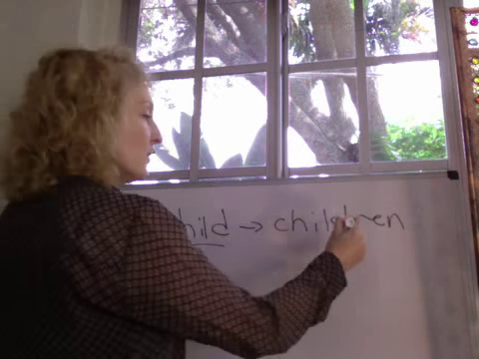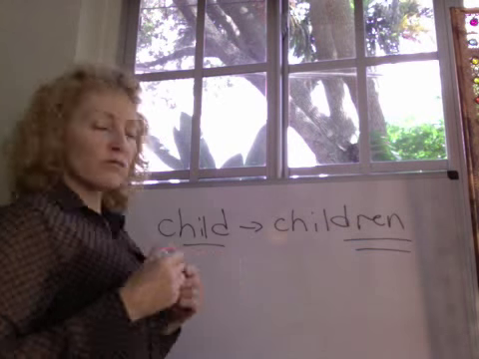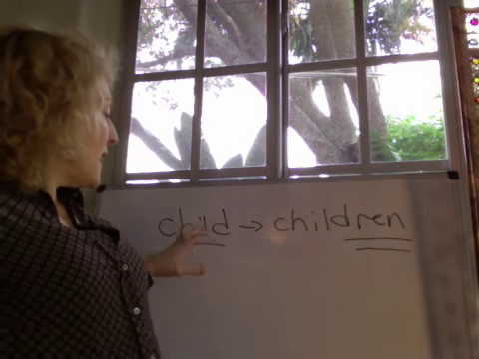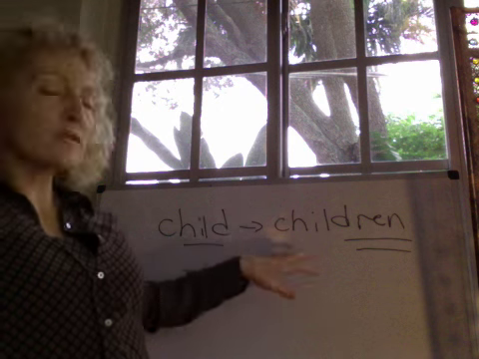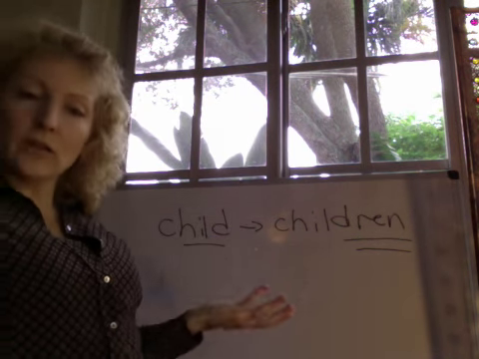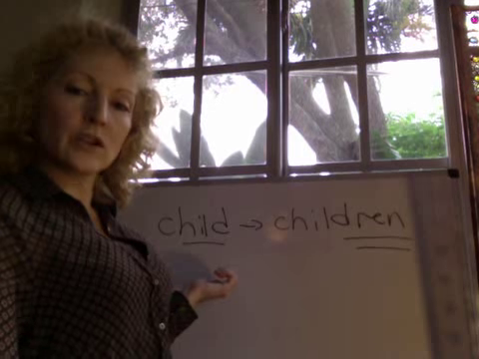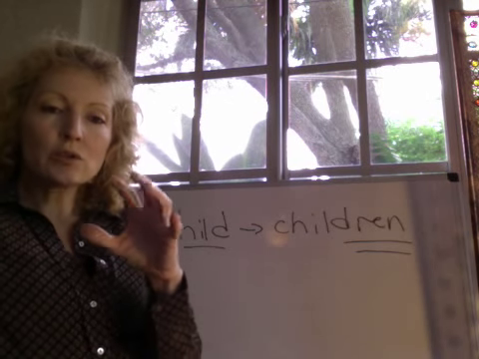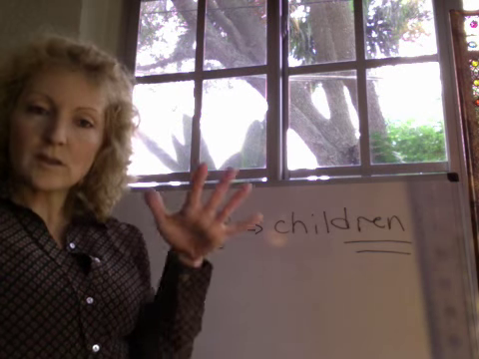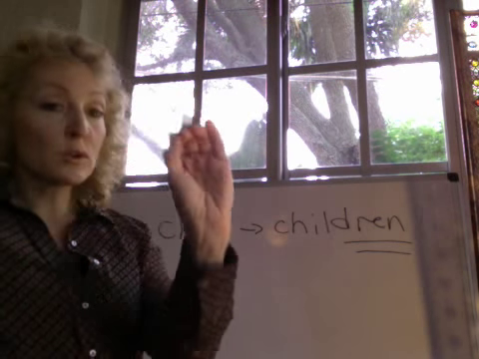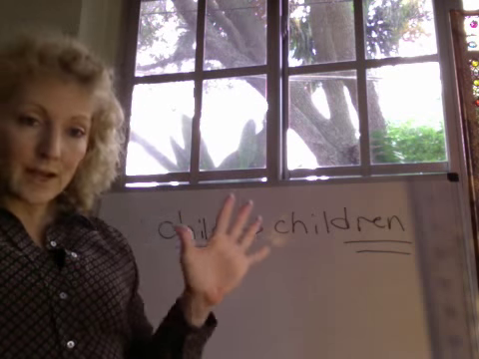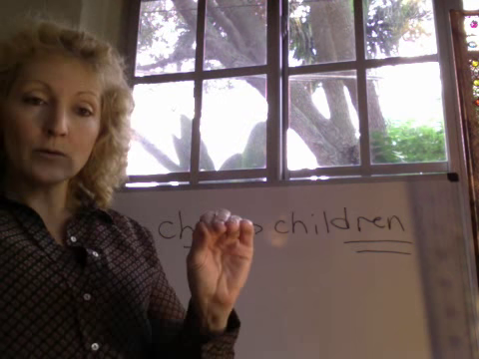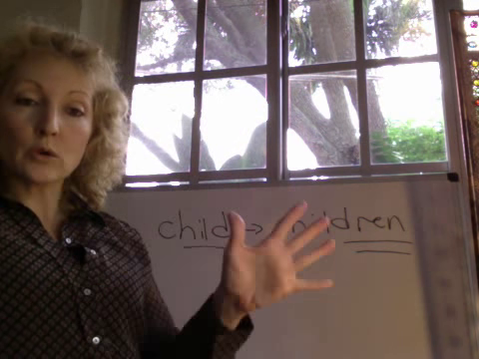Notice what you've done there. You've added this ren at the end instead of adding an S. So why didn't we say, I saw a child, I saw 5 childs? That's not the way that we form the plural when we have that word child. So that's interesting because it shows to us that in English we have different processes for forming the plural. It's still the plural though, and if it's any type of plural, the word that you're forming must be a noun. Only nouns can become plural.